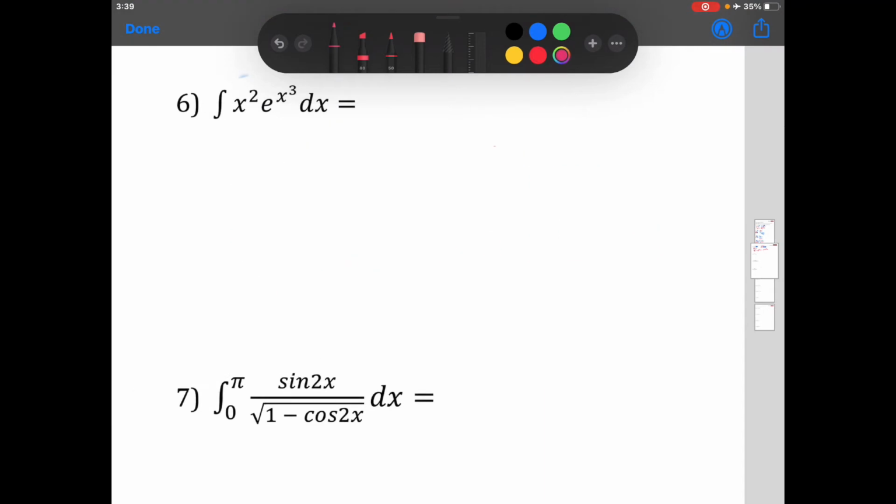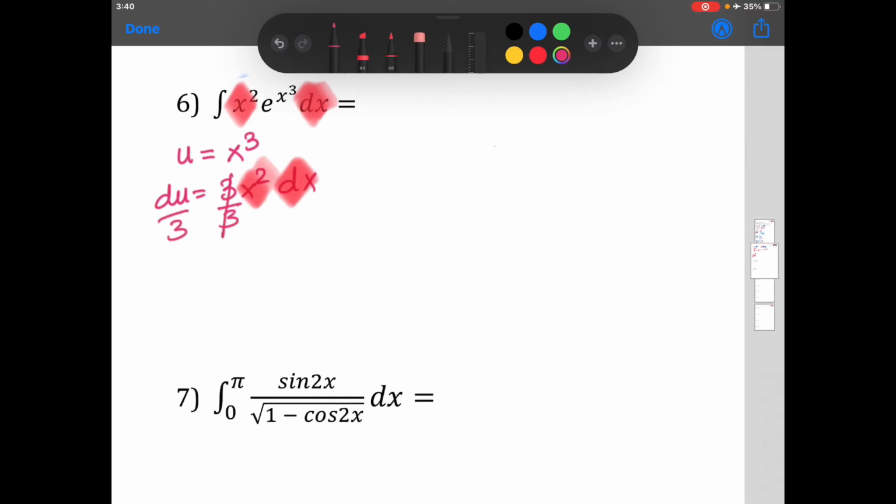Number 6. So for here, we're going to pick u to be the exponent of e. So the exponent of e is x cubed. So take your derivative. du is going to be 3x squared dx. So if we check, I have x squared dx here and x squared dx here. I want to get rid of the 3, so I'm going to divide by 3.